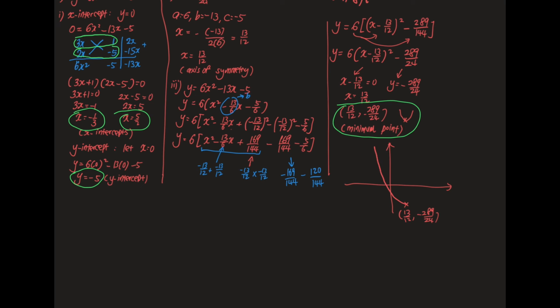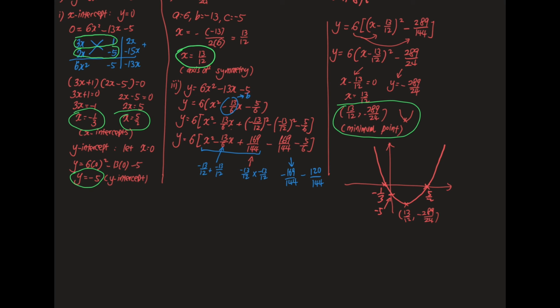Now let's extend the graph. This is going to be minus 5 over 2, this is minus 1 over 3, this is 5 over 2, and this value is the y-intercept, which is minus 5.